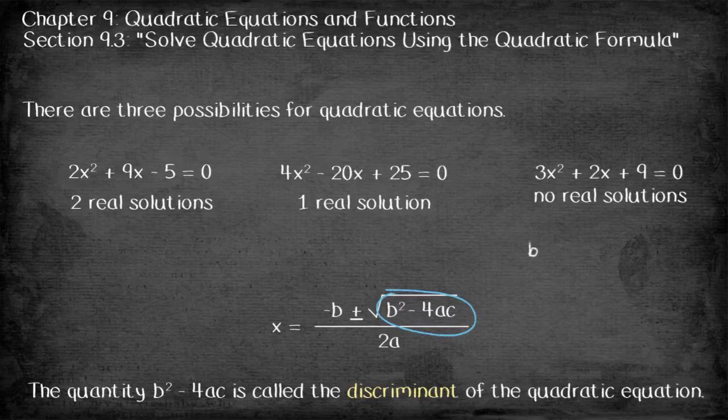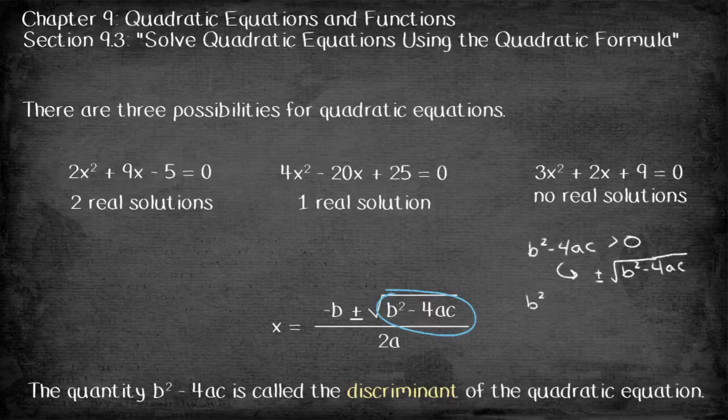Because if that quantity b squared minus 4ac is positive, then when we take the square root, we get plus or minus the square root of b squared minus 4ac. And that's totally okay because b squared minus 4ac is positive, so its square root is defined.